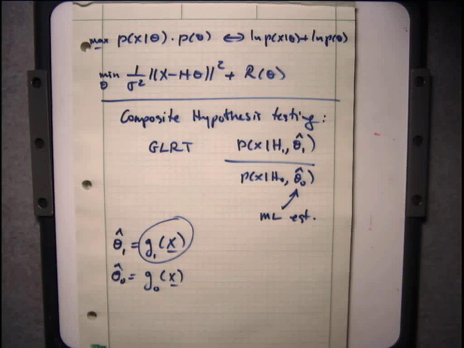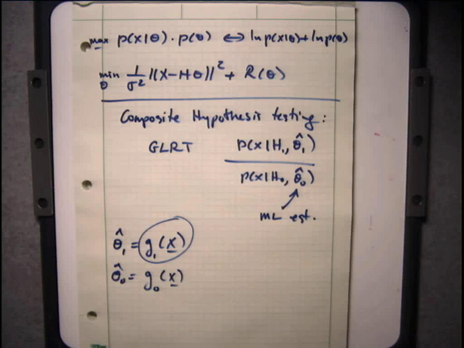Okay. And then finally, what we're going to do is go to the place where these probability density functions are not even known. So let's say I give you two quantities, x and y. I know these quantities are related through some probability density p of x and y, but I don't know p of x and y.